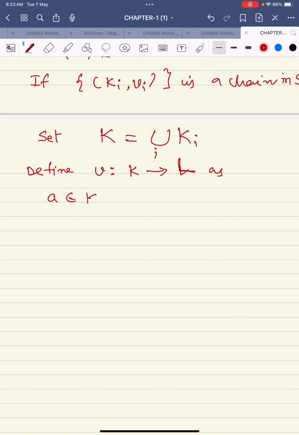For an element A belongs to K, which implies A belongs to Ki for some i, define V of A equals Vi of A.